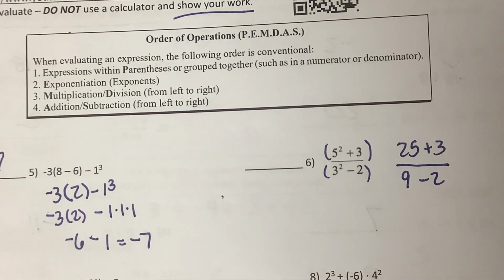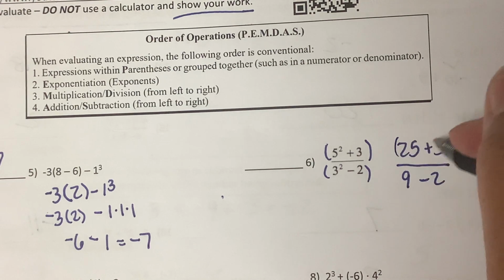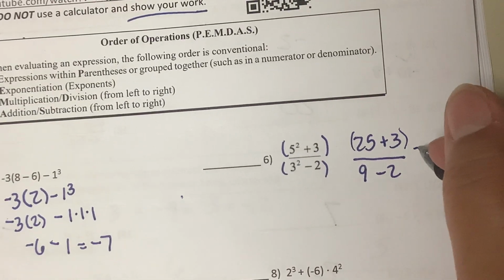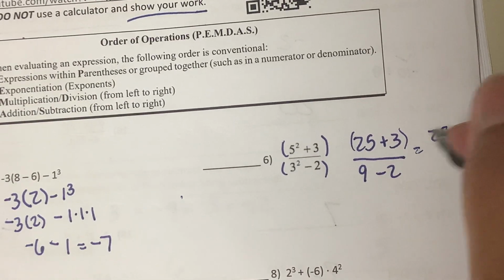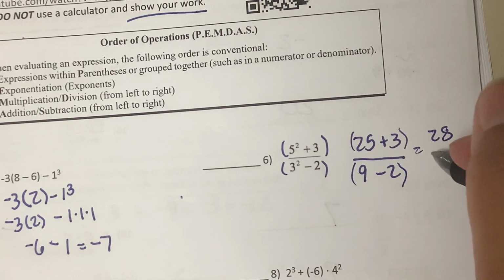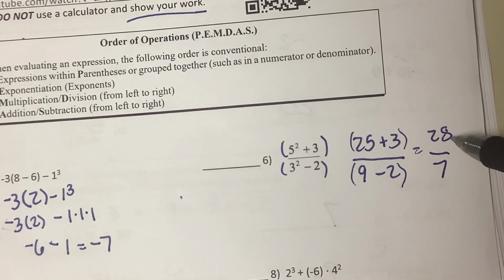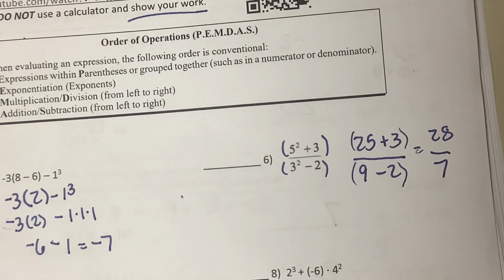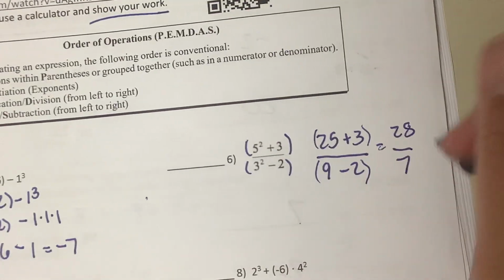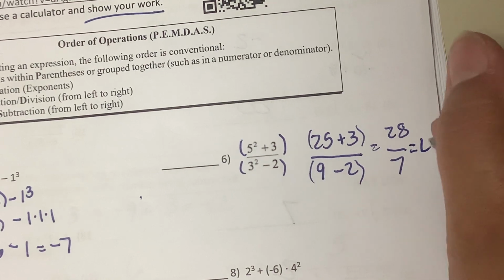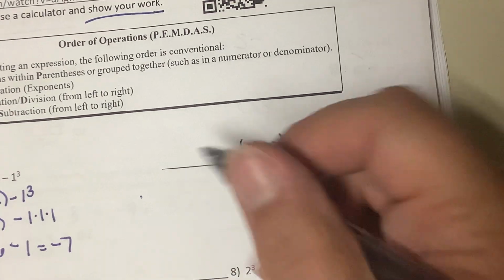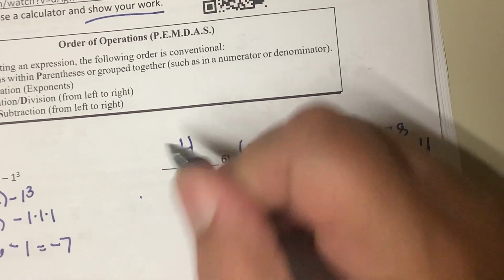Now again, I'm going to use those invisible parentheses, and 25 plus 3 is 28. 9 minus 2 is 7. And fractions are just division. It's okay, low stress math. So 28 divided by 7 is 4. So my answer for that is 4.